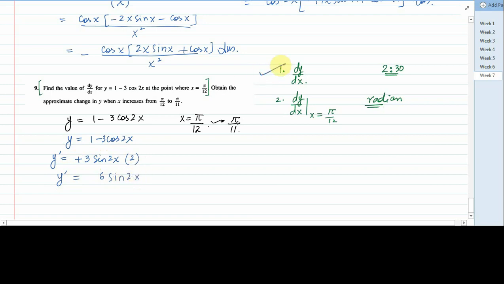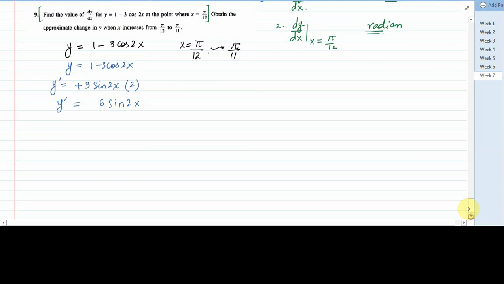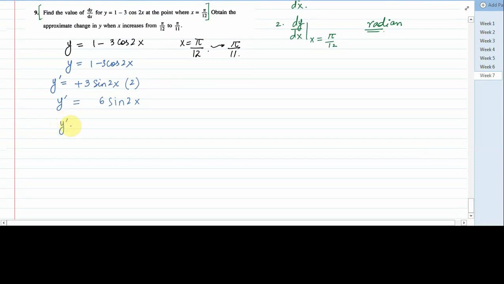For step number 2, I need to place the value of x. So y dash at x equals to pi over 12. That will be 6 sine 2, instead of x, it's pi over 12. You can find out the value by using calculator. So make sure that your calculator is in radian mode.